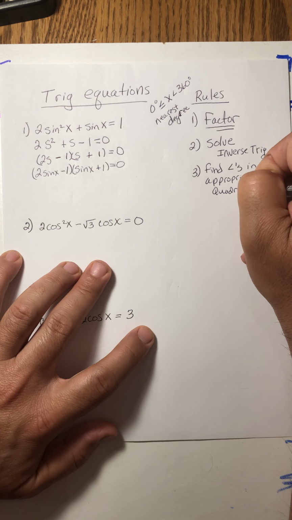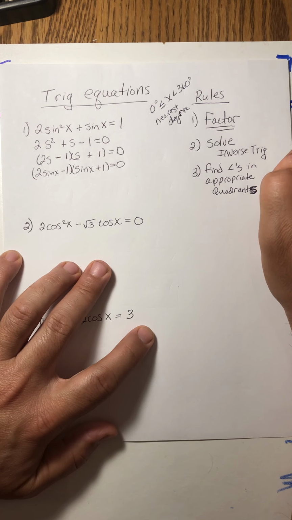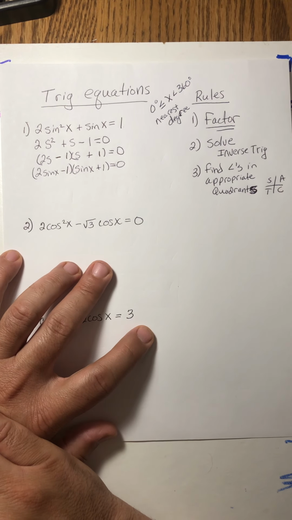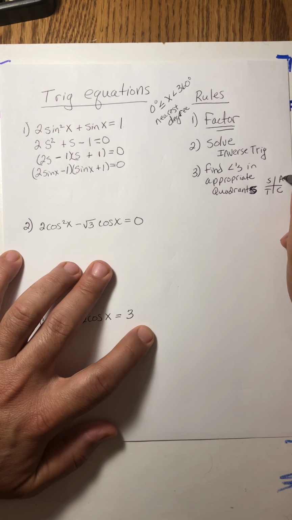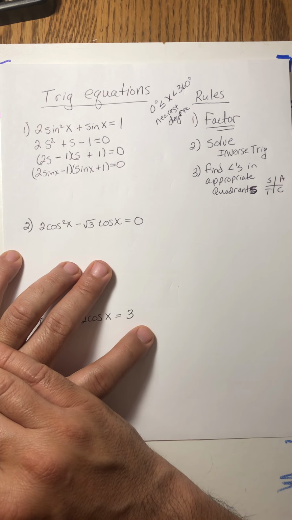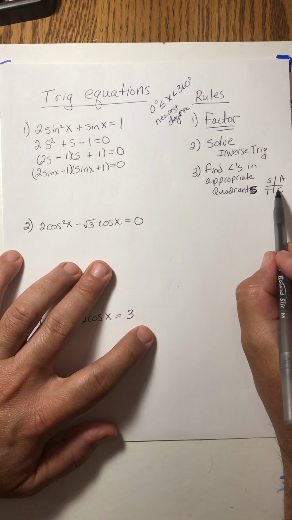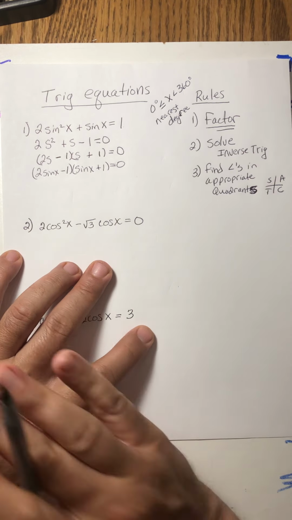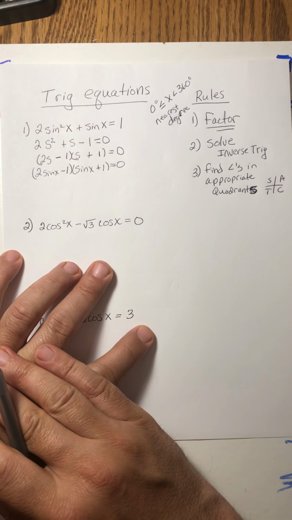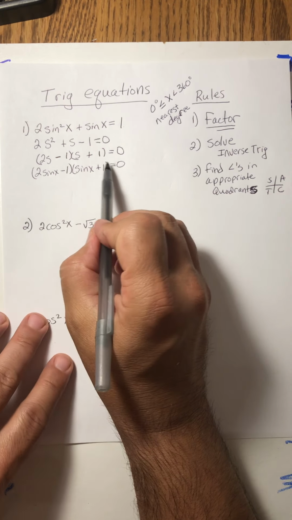That's your ASTC. So if we have an answer that's a positive cosine, that means we're in the first and the fourth quadrant. If we have an answer that is a negative sine, that means we are in the third and the fourth quadrants. You'll see when we do the answers. Okay, let's finish doing number 1.